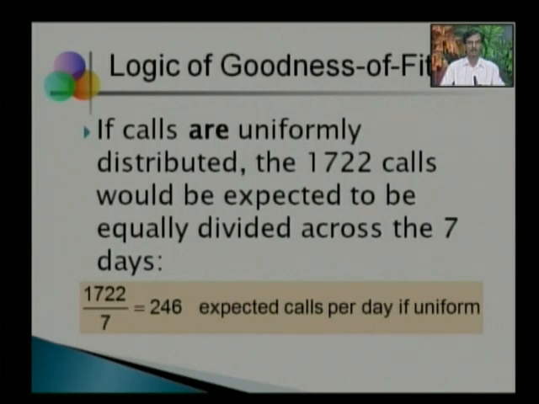On average, the expected number of calls per day equals 246, that is, the total number of calls divided by 7 days of the week. So the expected frequency per day is 246 if we assume a uniform distribution.